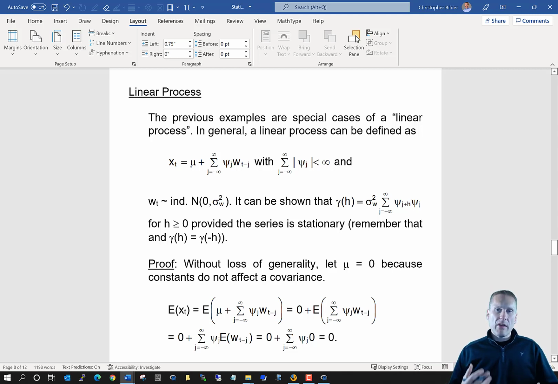So what we've been seeing so far with our models are a special case of a linear process. And in general, you could write out a linear process such as this.